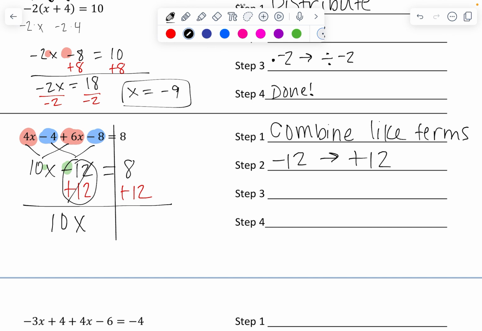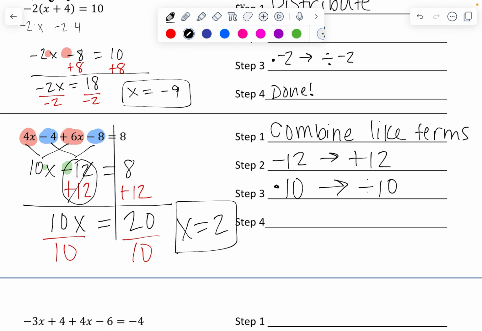We'll bring down the 10x, bring down the equal sign. 8 plus 12 is 20. Okay, and then again I say, all right, what do I see in between the 10 and the x? I see a multiplication of 10, so I'm going to undo that with division by 10. And we've got x by ourselves, so we are done.